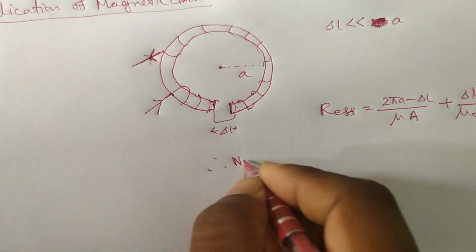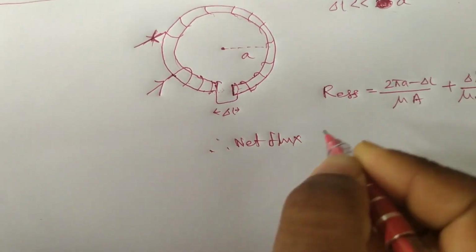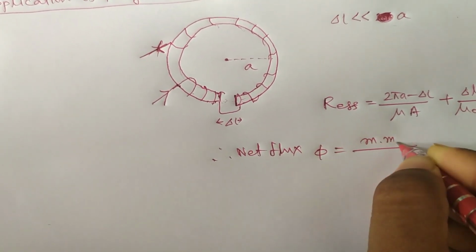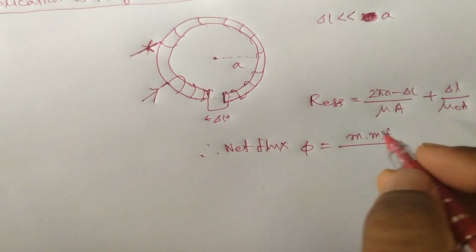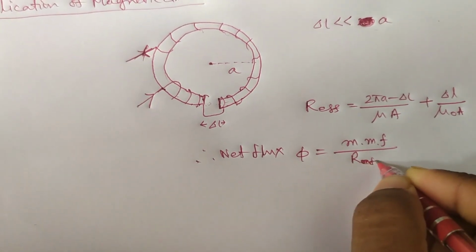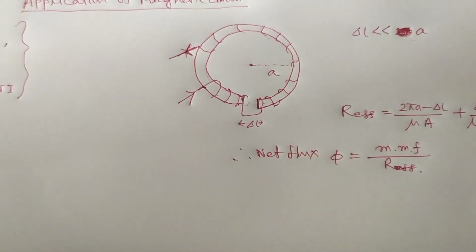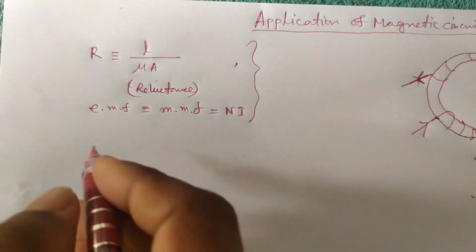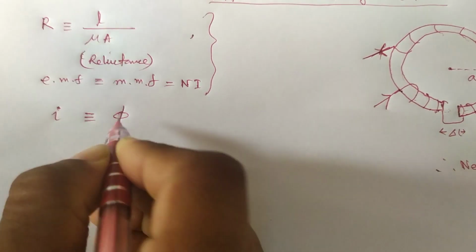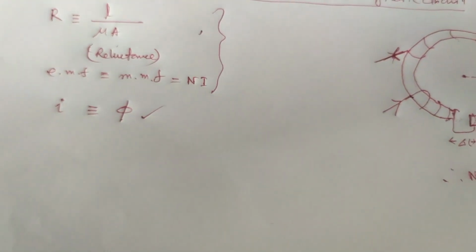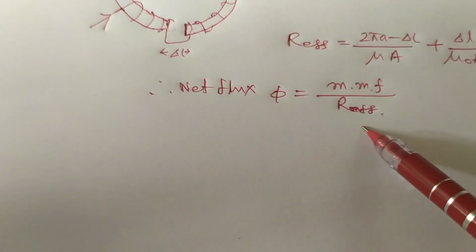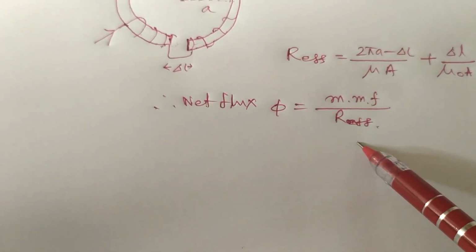So net flux phi equals MMF by R effective. In an electric circuit I is equal to EMF by resistance; in a magnetic circuit the equivalent of I is phi, so here it will be MMF by effective reluctance.